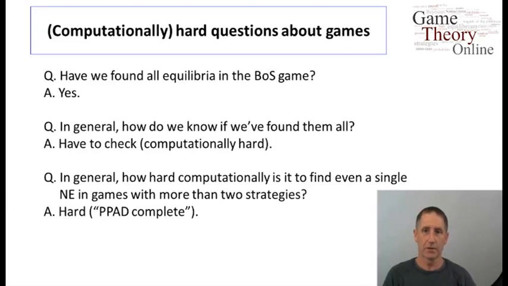Computer scientists like to think in terms of complexity classes, a whole class of problems, and looking at the set of problems that are hardest for that class. It turns out that there's a class that's been dubbed PPAD, for which finding a sample Nash equilibrium is the hardest problem in that class. So it's a hard problem, and what do you do about it?